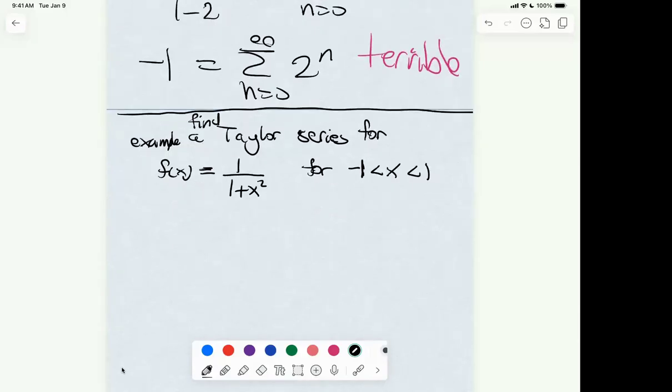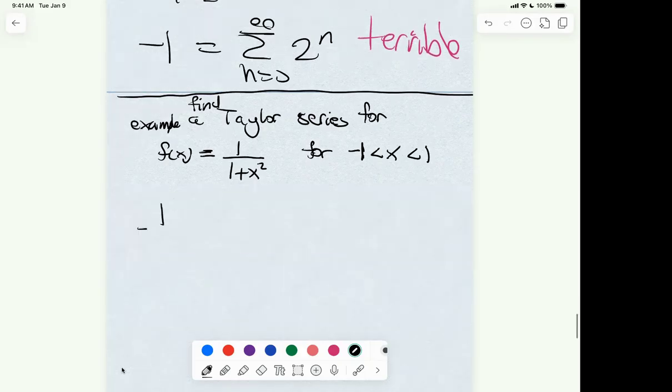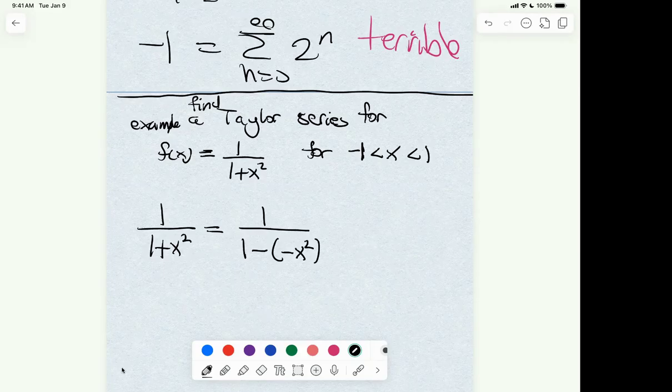So here's the idea. I sometimes like to call it the minus minus trick. A plus is a minus minus. So 1/1 plus x squared is 1/1 minus minus x squared, right? And then let's think of r as minus x squared.